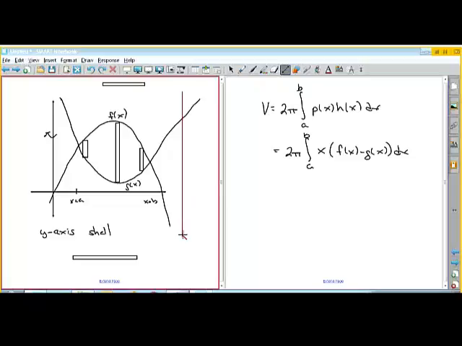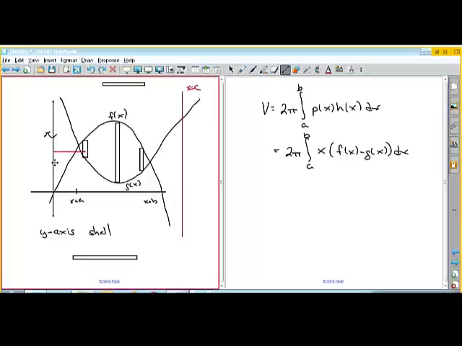Now, as an example, if I were to ask to rotate it around a different vertical axis, it's going to be x equals something. So let's say that's x equals c.